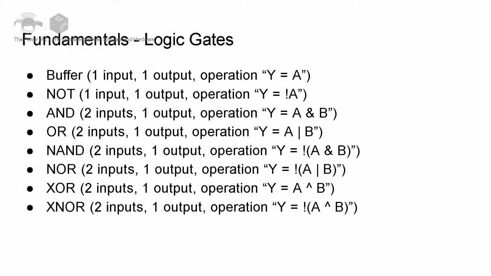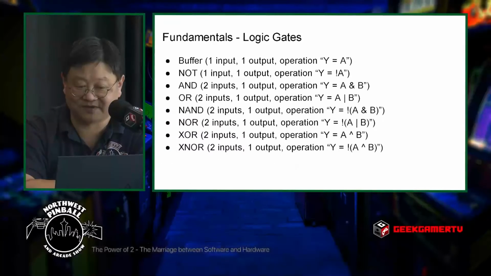So, hardware fundamentals: logic gates. This is logic at the hardware level, not the software level. If you're familiar with software, you'll probably be familiar with all these operations, but they're quite different in the hardware world. A buffer in the hardware world is just a straight signal in equals signal out.